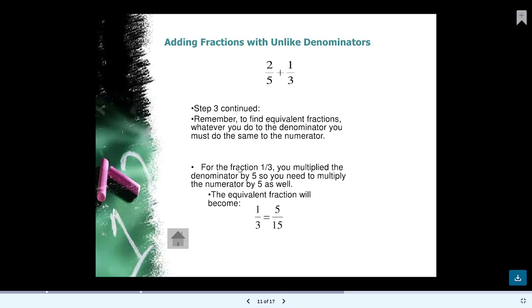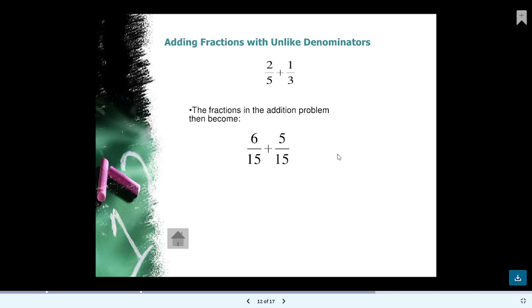We'll do the same again for 1/3. We'll multiply the denominator by 5, so we need to multiply the numerator as well. 1 times 5 will give us 5, and 3 times 5 will give us 15. So, the equivalent fractions that we have are now 6/15 and 5/15.